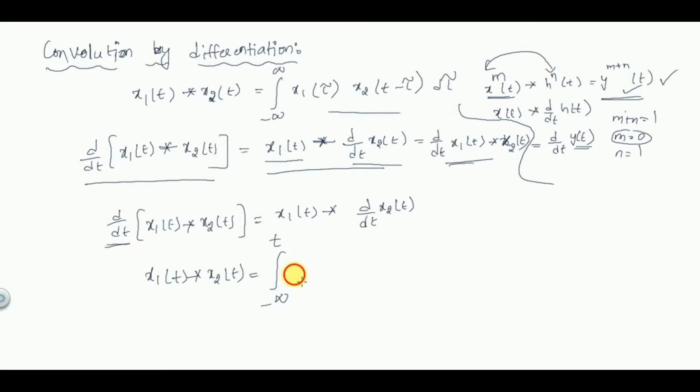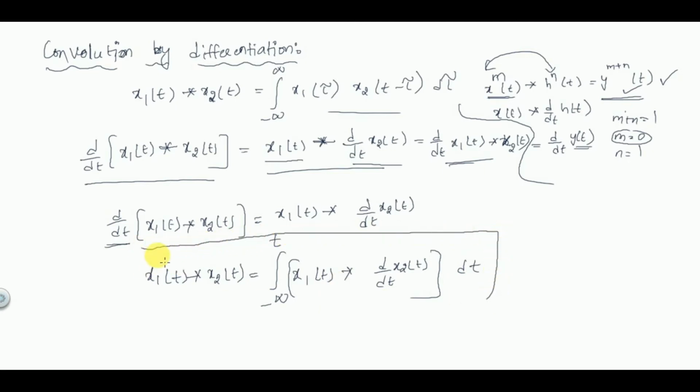So minus infinity to t x1 of t convolved with d by dt of x2 of t dt. Okay, so this is the formula where you can find the convolution by finding the differentiation of any one of the signal. Okay, so this is the concept here.